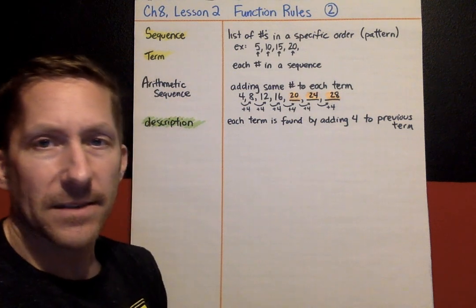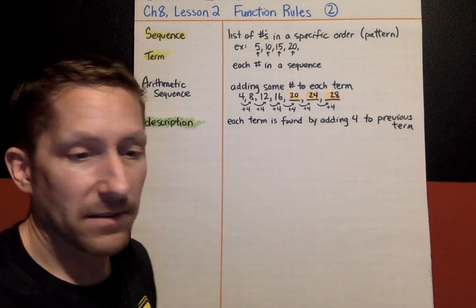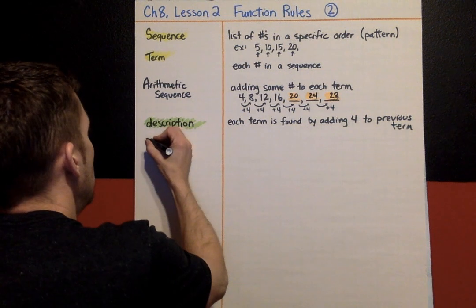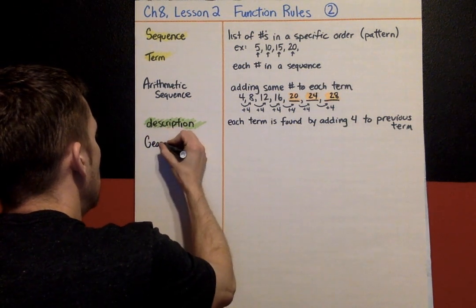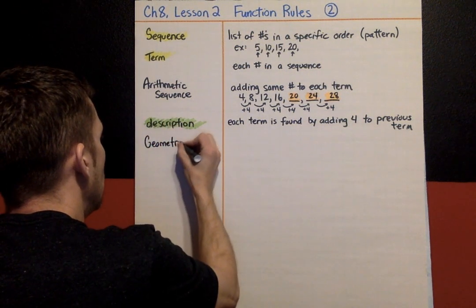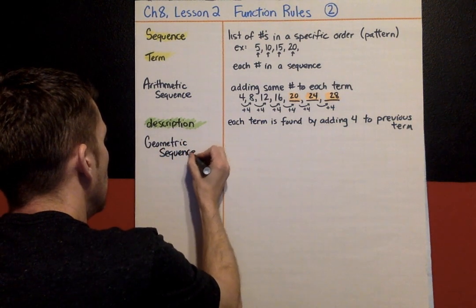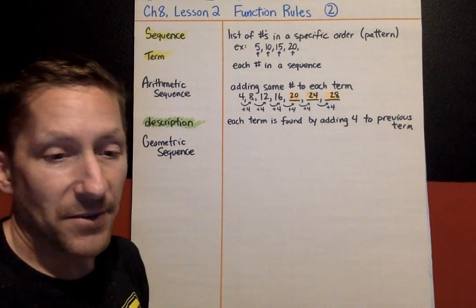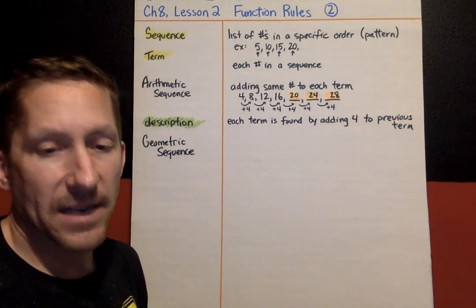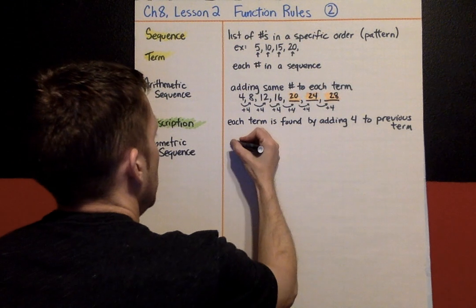Another kind of sequence is called a geometric sequence. In a geometric sequence, you're multiplying each term by the same number.